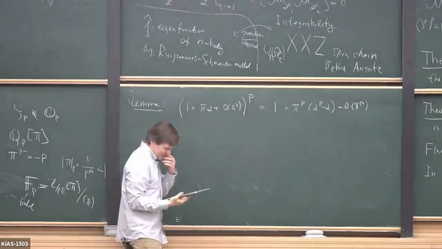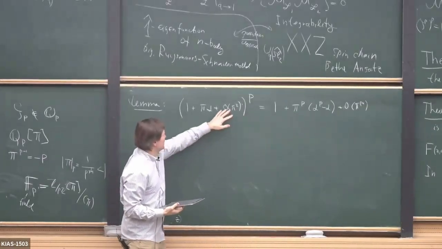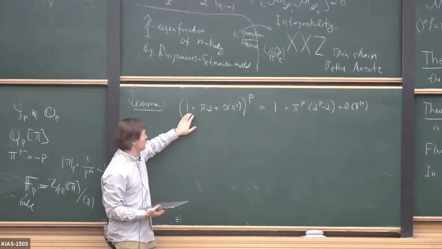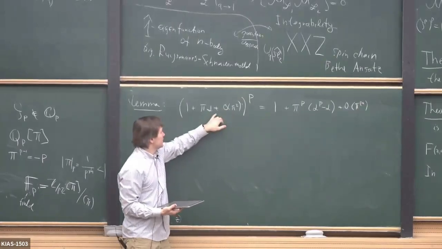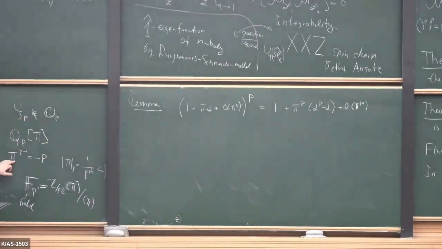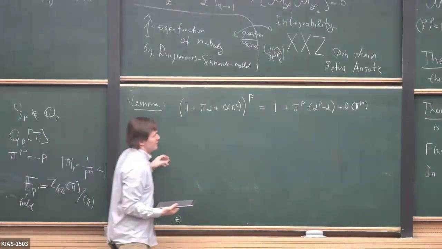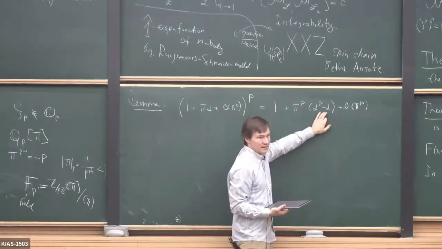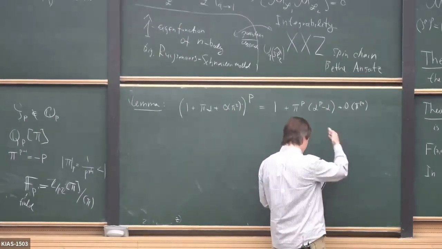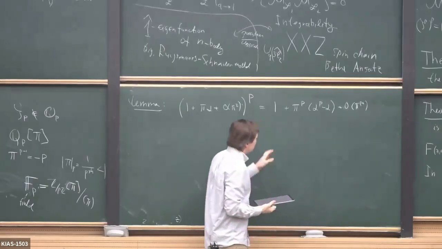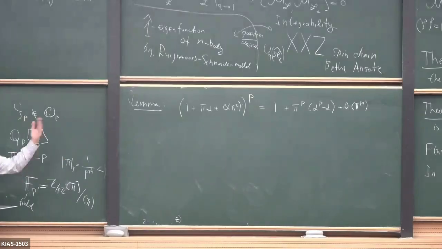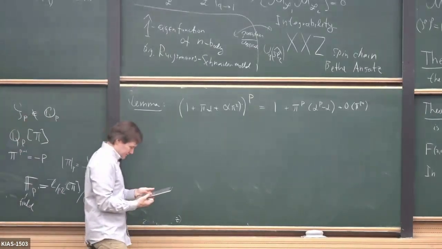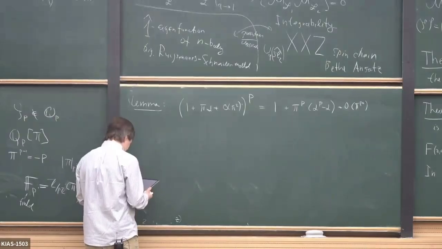So you see what happens: again, you have 1 to the p plus this to the p. It's this and this. But then there will be another term when you get pi to the power p minus 1, and because of this condition, it will provide me another minus over here. And so this is true. And then because of this relation, it will bring some additional terms in a formula like this.